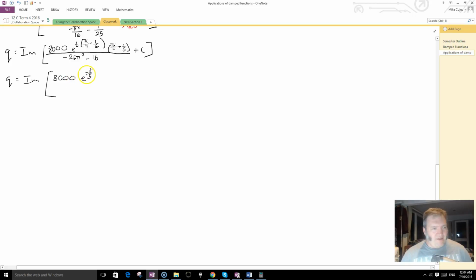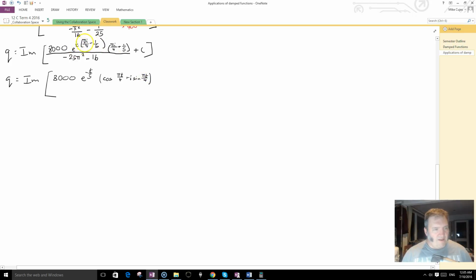So 8,000 e to the negative t over 5. So I've done the negative bit. And then we've got the e to the pi i over 4. We want to say what that is in Euler form. What is it again? It's cosine pi t over 4 plus i sine pi t over 4.